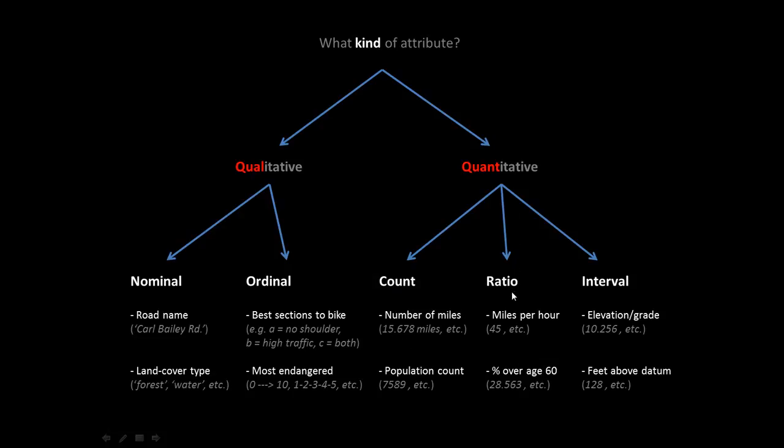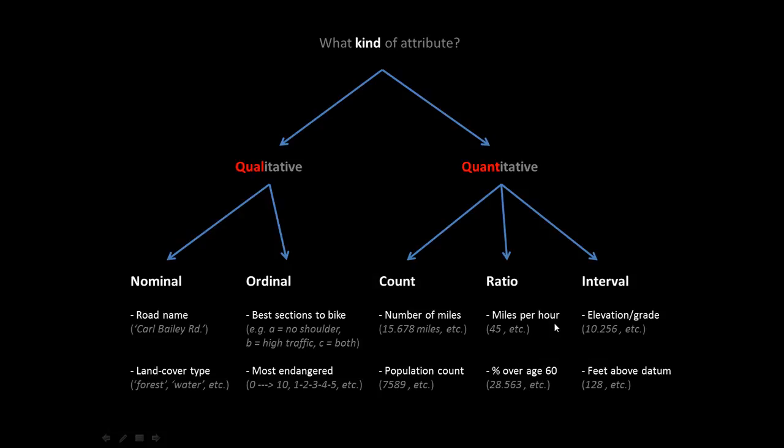Ratio data means that we've got a percentage or something divided by something else. So that would be miles per hour or percent of a certain population. Interval is a little tricky. It seems like ratio, and it's very similar, and some people would even argue that they're the same thing.